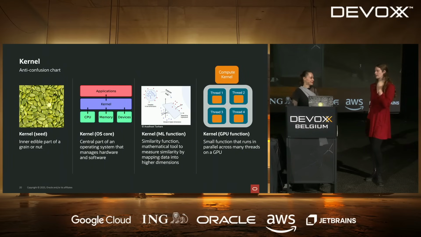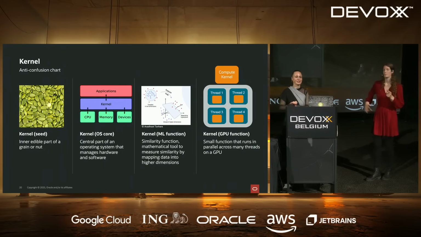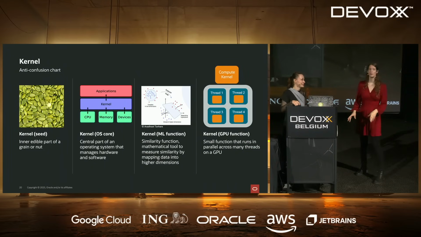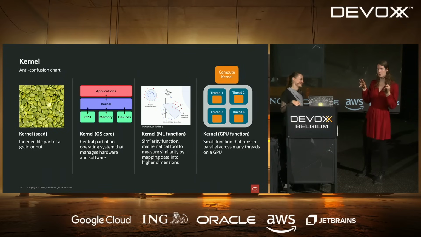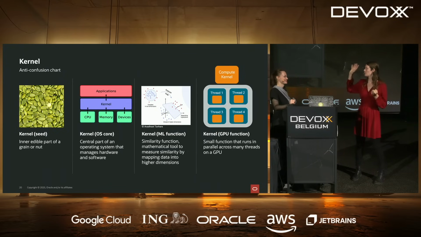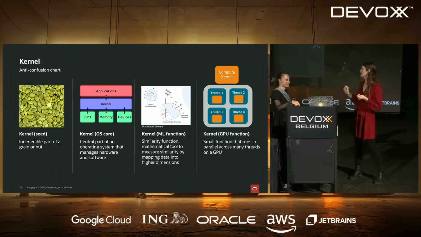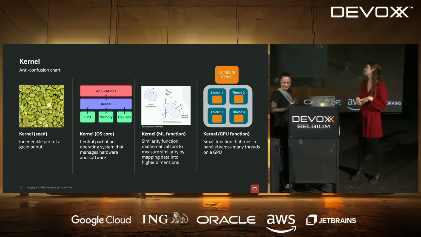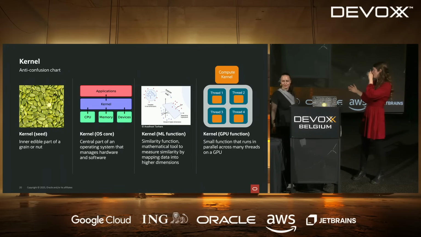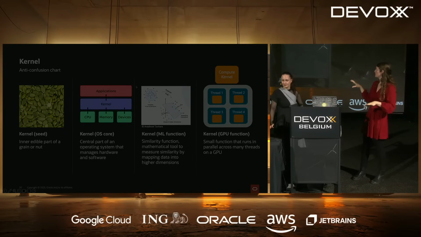And you have made a very nice chart here. It's true. This one. Anna Maria is going to tell us a lot about kernels. And when you think about kernels, probably not about seeds, but probably about the operating system core kernel. That's not the kernel we're going to talk about today. There are also machine learning kernels that help you map some data to a higher dimension to categorize it more easily.